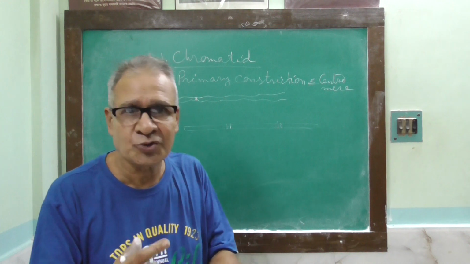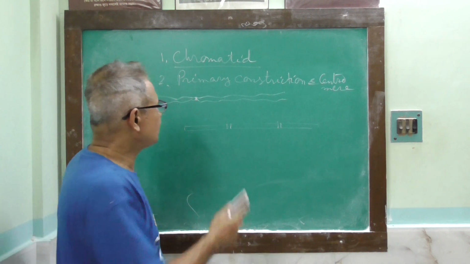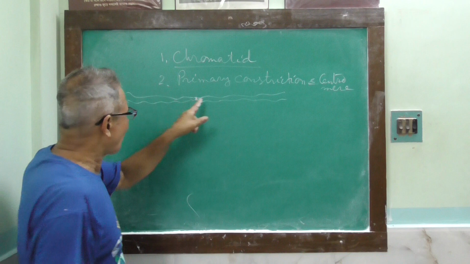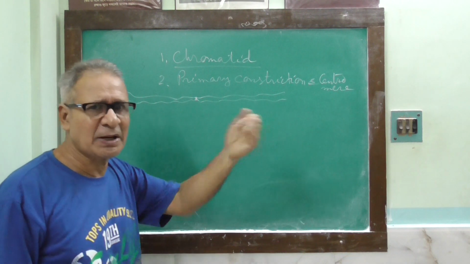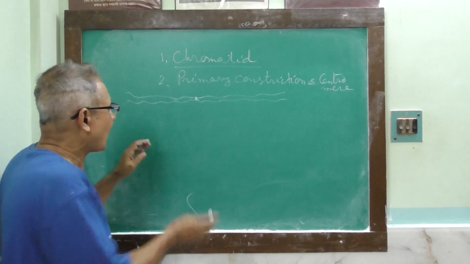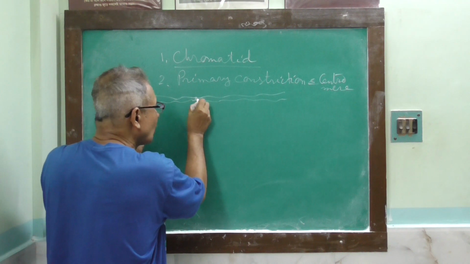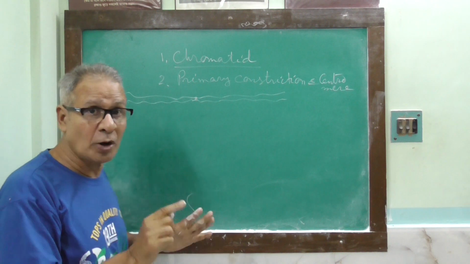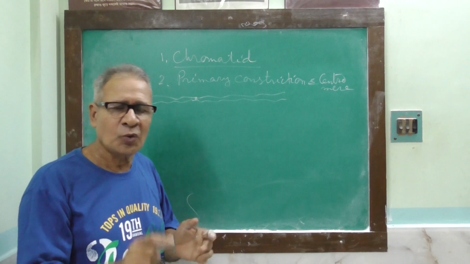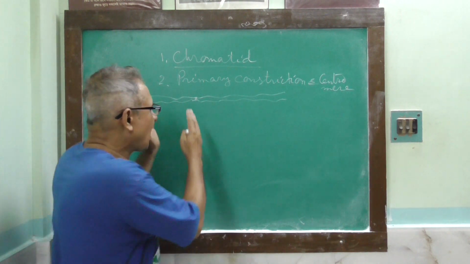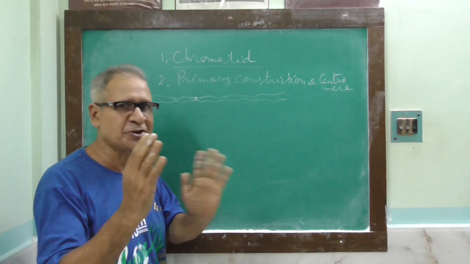So what is the centromere? The chromatid is nothing but DNA, and the centromere is a small part of DNA which is inactive. The part of DNA which is active is the gene.